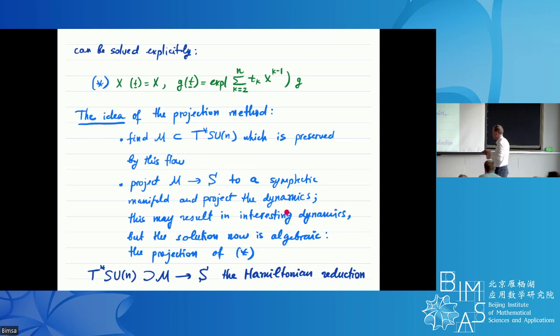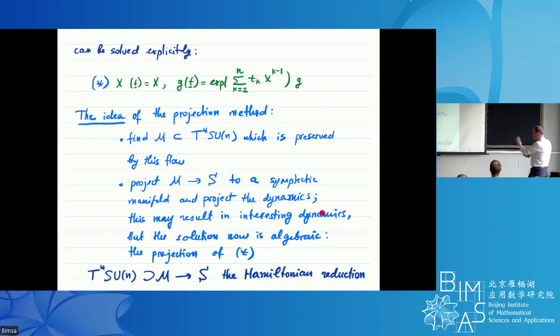So then as a result, you will have some algebraic description of the Hamiltonian dynamics on S. This is the answer, and then you project it to S, and that's all. So this procedure is known as the Hamiltonian reduction.